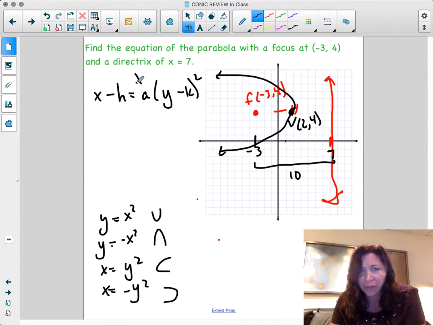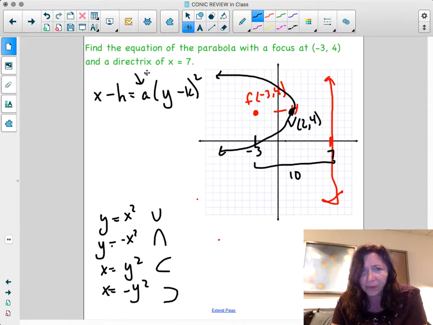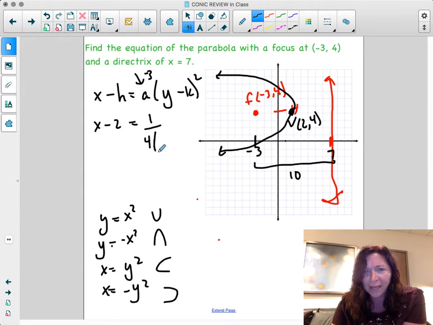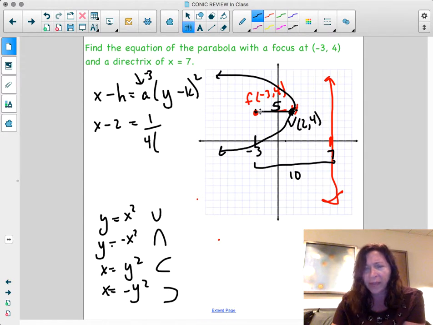But we also know that this term right here is negative. Okay, so that is negative. So what we're going to do is, from our vertex, we're going to go x minus 2 equals a, which is going to be 1 over 4p. Now, p is this distance from my focus to my vertex. So if this is -3 and this is 2, that means that distance is 5.